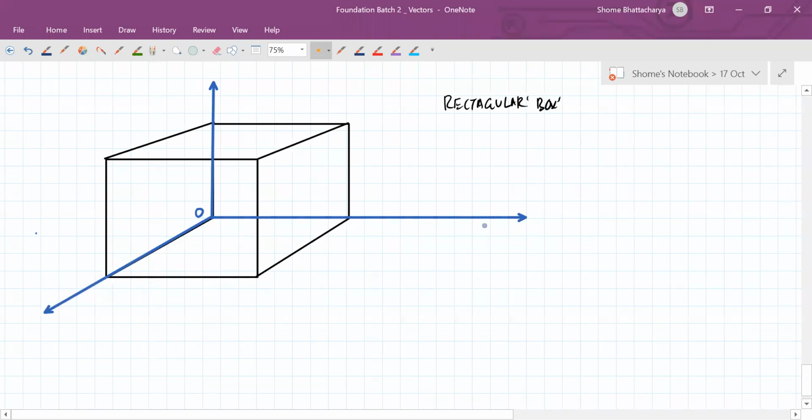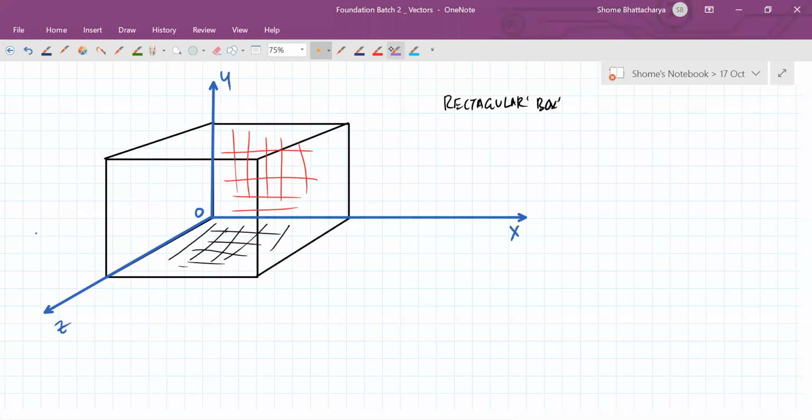So this is your system of mutually perpendicular xyz axes. Okay. So again you can see that the xz plane is the floor of this box, the xy plane is the wall on this side, and these are three mutually perpendicular planes. So again you can visualize that over here.